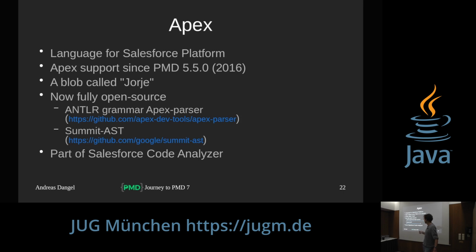That's what some Google guys wrote, that basically translates what comes out of the ANTLR parser into an abstract syntax tree that looks basically exactly the same as the old binary blob produced. That means we changed the complete parser engine under the hood, but the rules could stay the same.